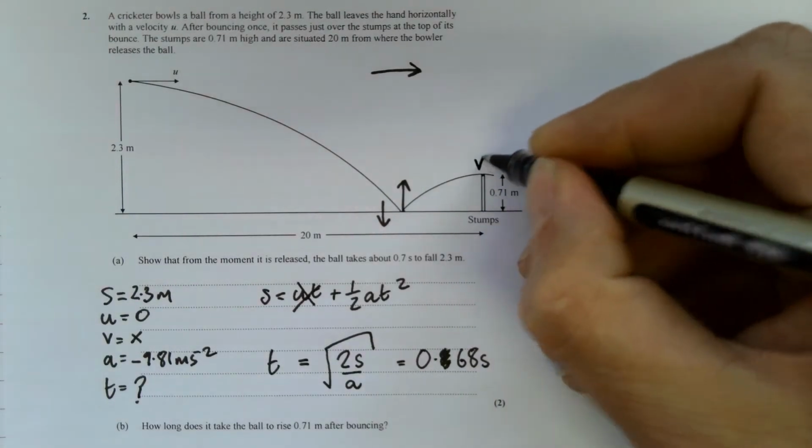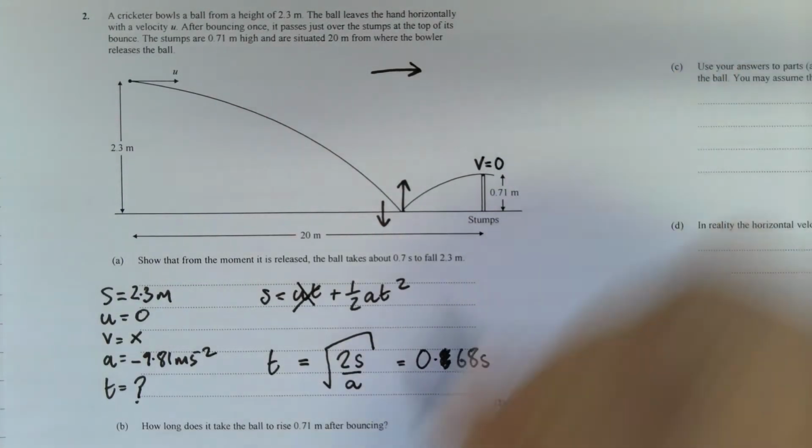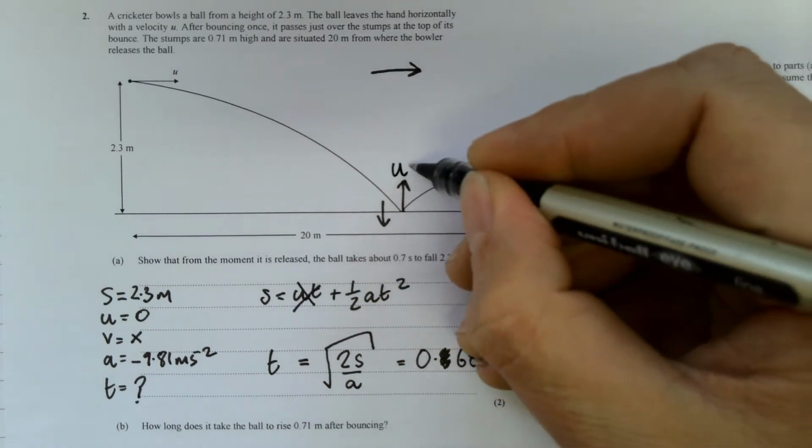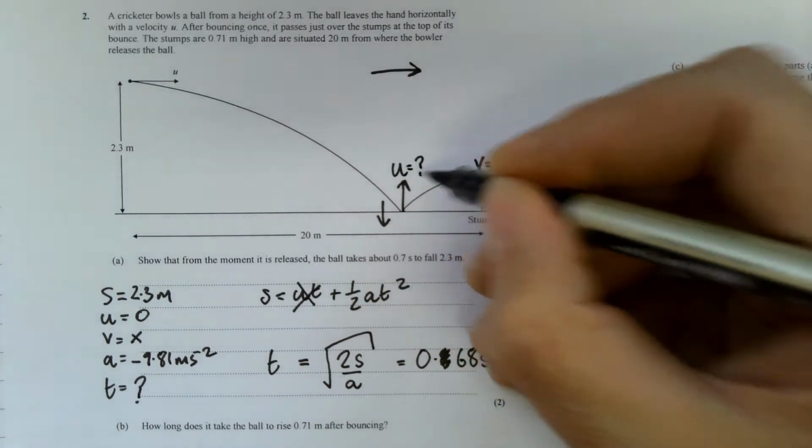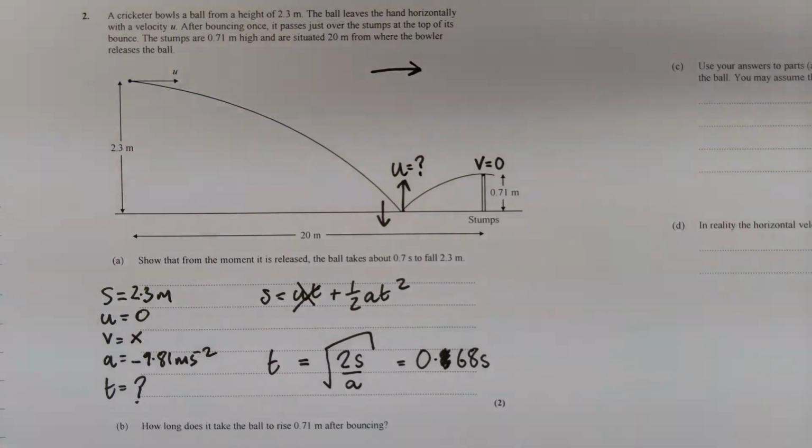So V equals 0 and U equals, well, we don't know what U equals. That's what throws in our additional challenge here.